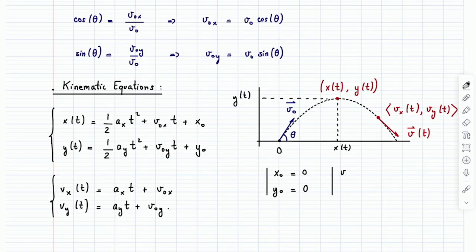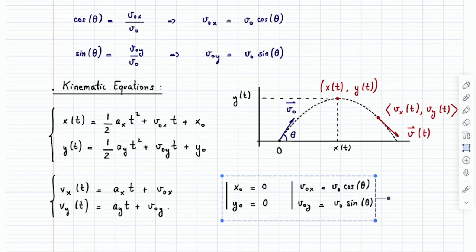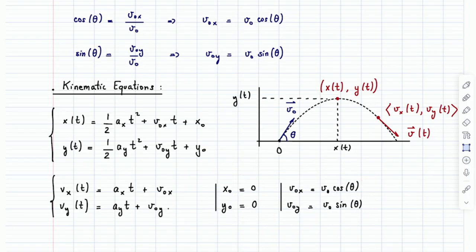And then I could also say v naught x is v0 cosine theta, because I derived that above. V naught y is v naught sine of theta, because I derived it above. And I know what the acceleration is equal to. I know that I don't get to negotiate that anyway, because by definition of projectile motion, I have to have a sub x is 0 and ay is minus g.